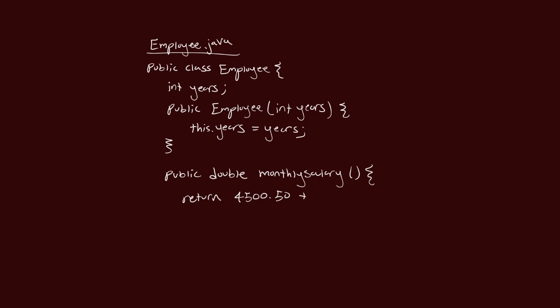And we're also going to add the amount of years. So if they worked for 0 years, they're only going to get this much. But if they worked for 1 year, they're going to get a $5 increase. If they work for 2 years, they're going to get a $10 increase.